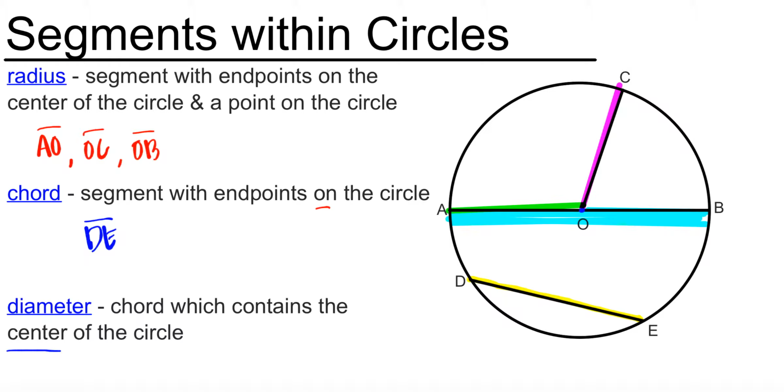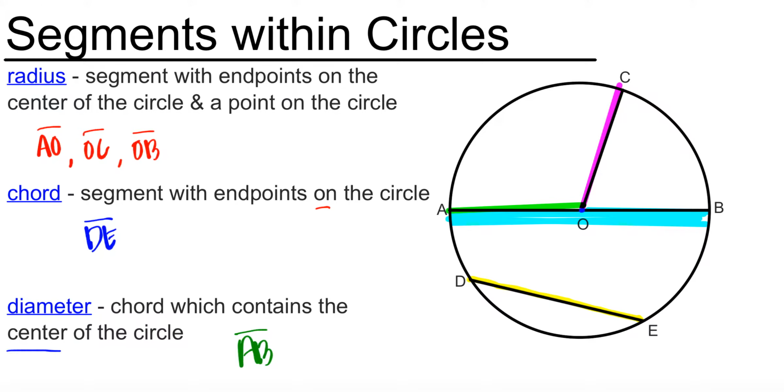That's the only diameter I drew, but we could draw infinitely many diameters. So let's list that as segment AB. Remember, it's going through the center. So we have radius, we have the chord, and we have the diameter, 3 types of segments within the circle. These are just some that I drew for you. We could draw infinitely many of all of them.